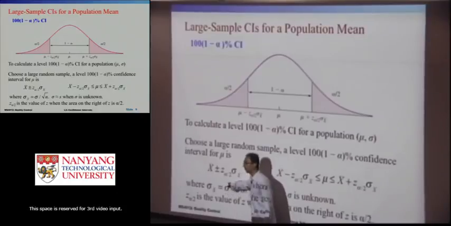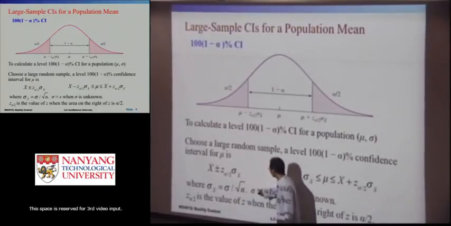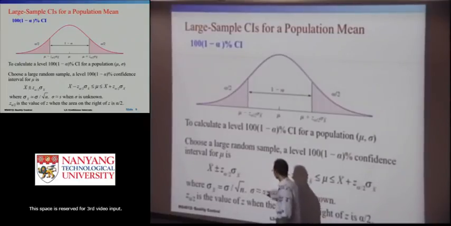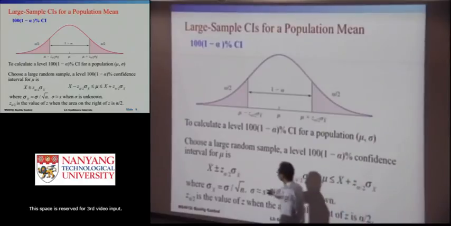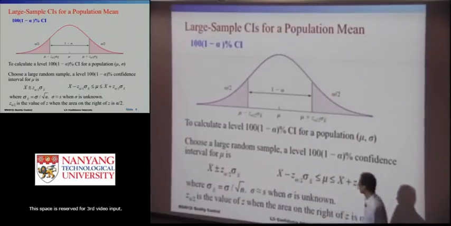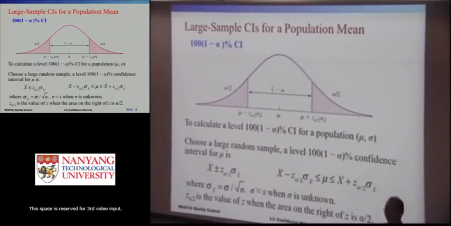We need to approximate the standard deviation of a population by the standard deviation of a sample. In this way, we can get sigma x bar. Questions? No? Then let's go through one example.